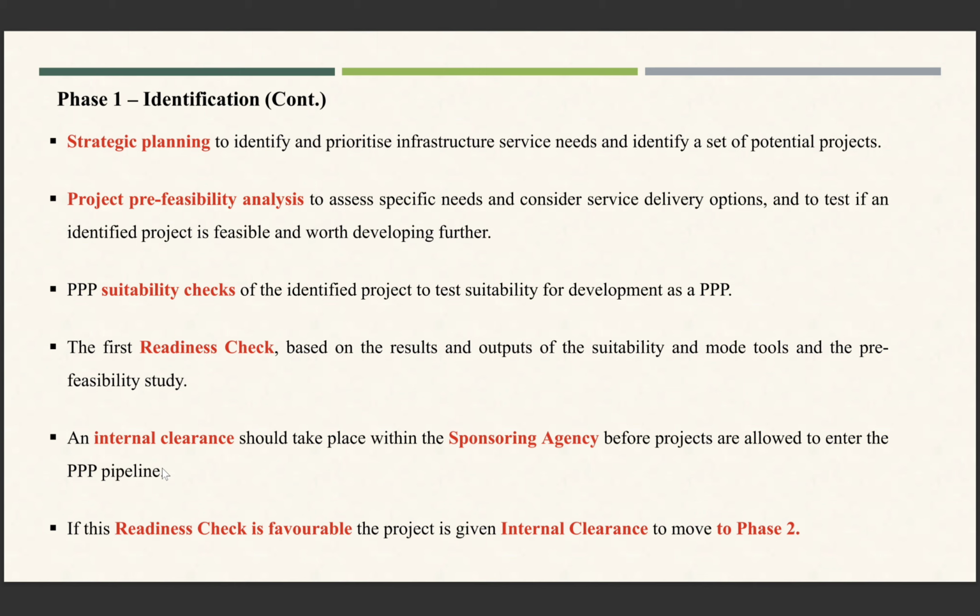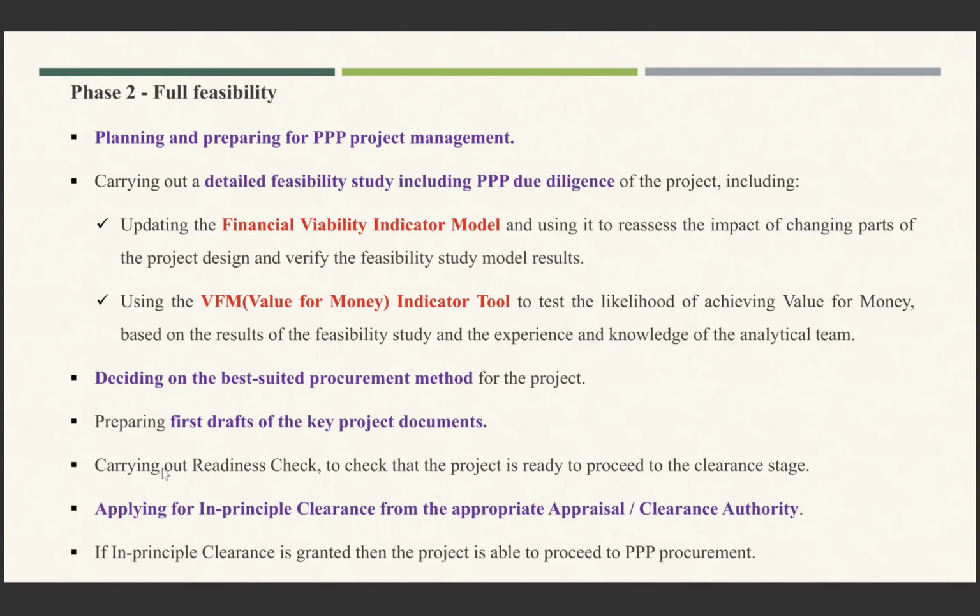An internal clearance should be taken within the sponsoring agency before the project enters the PPP pipeline. If the readiness check is in favor, then the project is given internal clearance and it goes to phase two. In phase two, planning and preparation for the PPP project takes place.